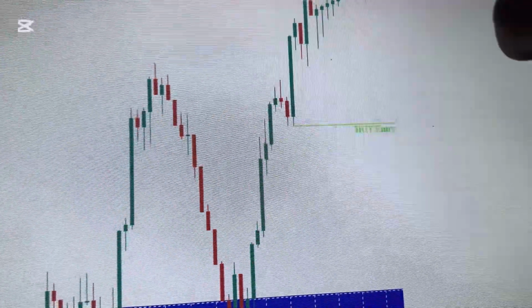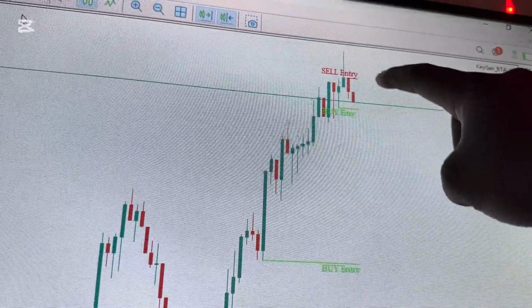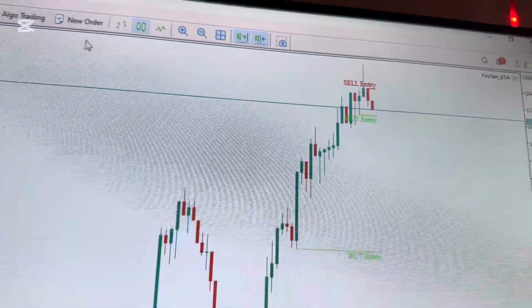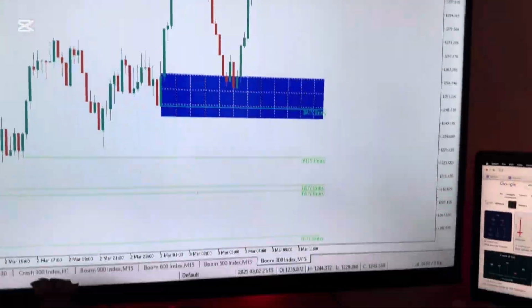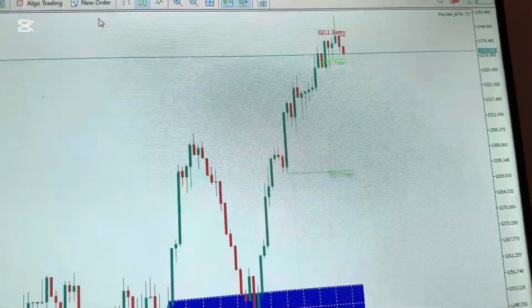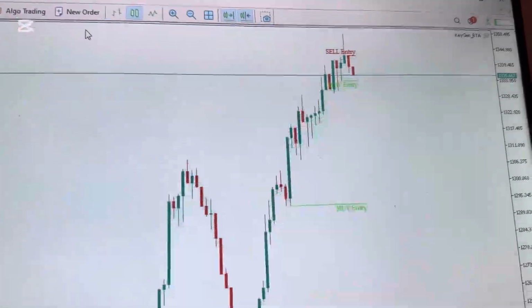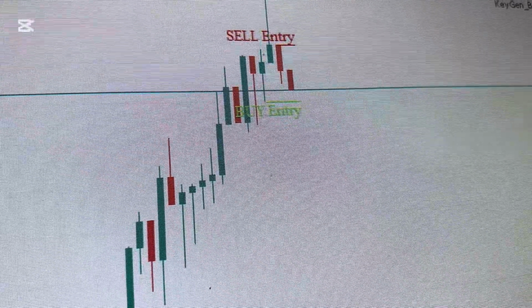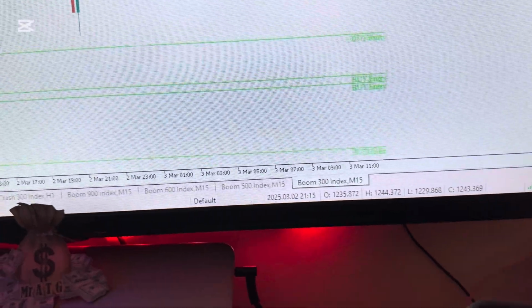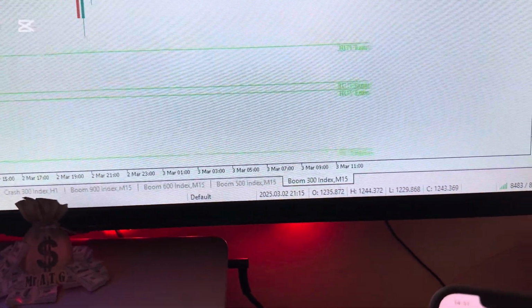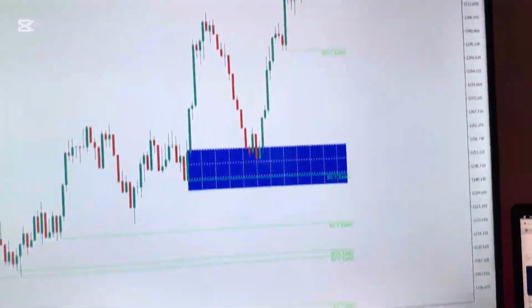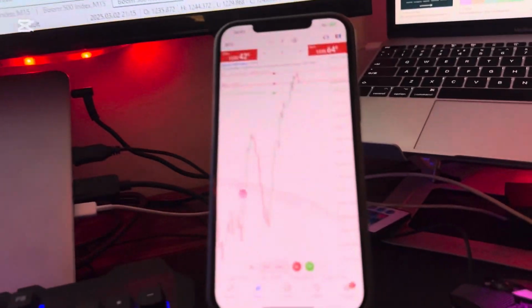So this is almost like a 1:1 risk reward trade right there. Stop loss is just above here if we fail, but we want the market to go even further down. So we just took the trade just to capitalize on the market. It might be a big move, it might be a small move, but if we don't risk, then we're not going to get anything. So going to try and get some pips right there.